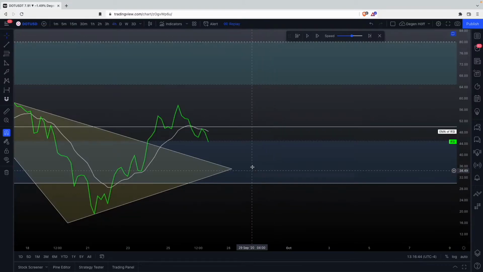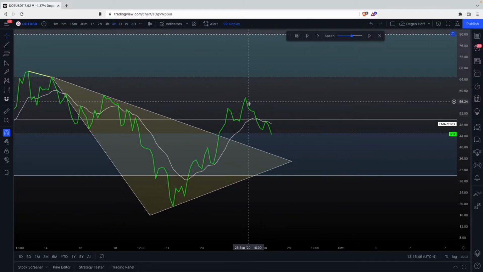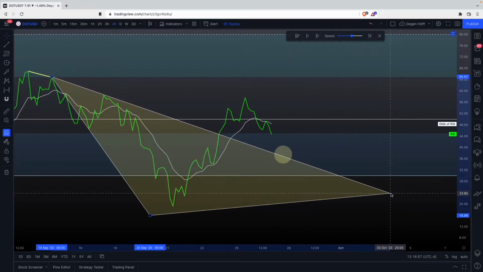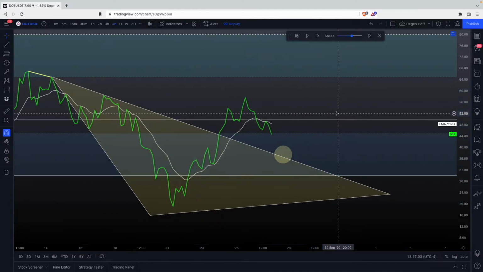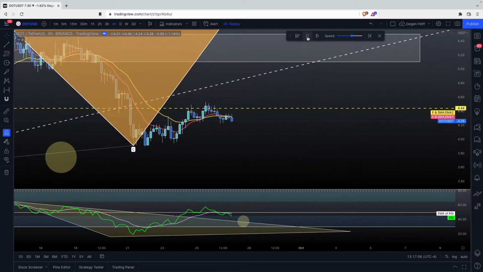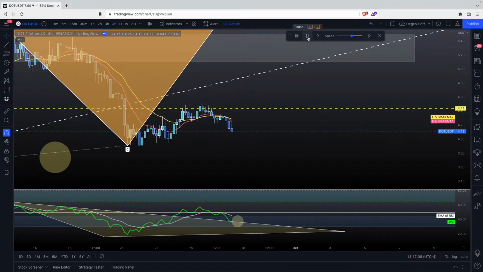At the very minimum, because the uptrend is pretty weak, I want to see it backtest over here before considering an entry. So here's your breakdown, breakout, backtest, run.